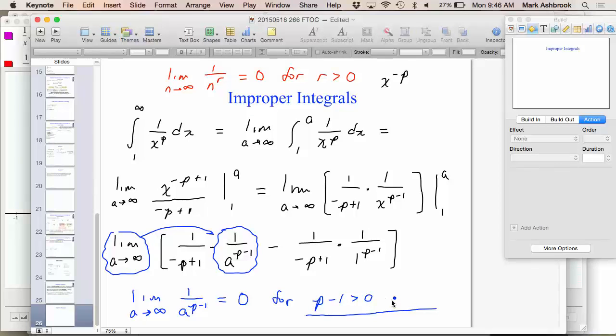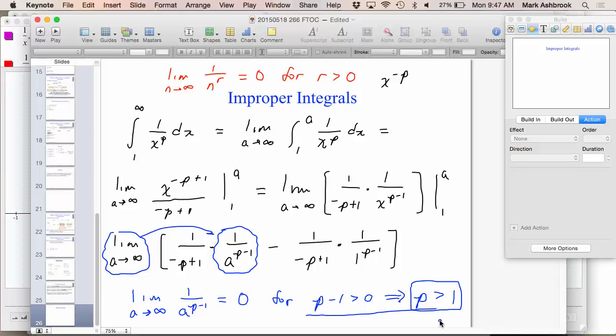Therefore, if p minus 1 is greater than 0, then p has to be greater than 1. Okay, so this tells us, when p is greater than 1, that limit that I've highlighted in blue is 0, and we get a finite value.